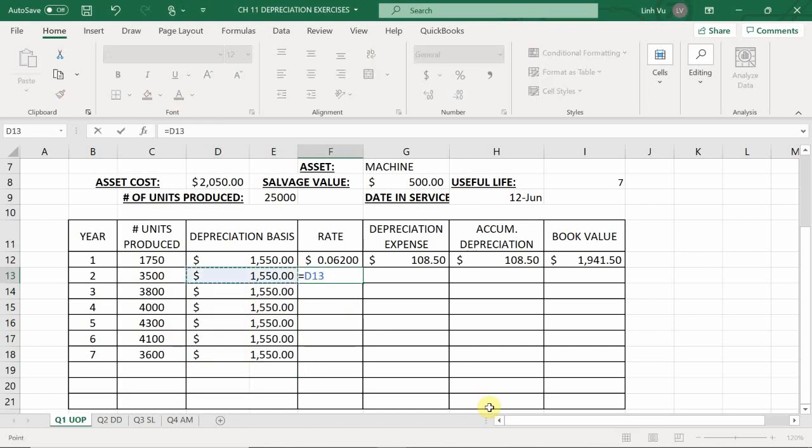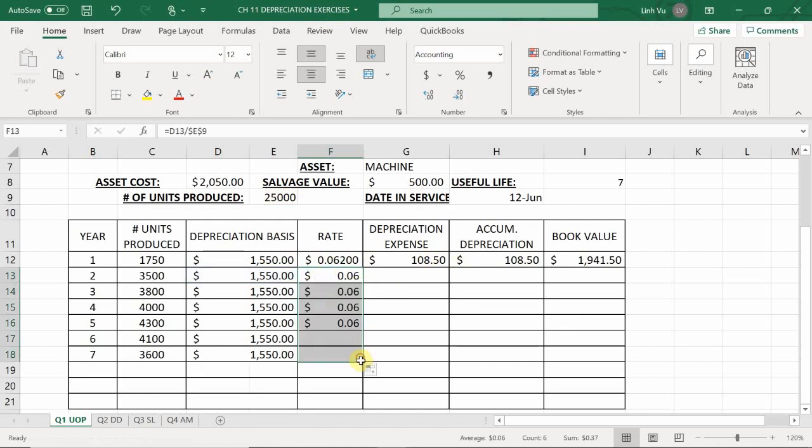The rate's going to be the depreciation basis divided by the total number of units that it can produce, which gives you the same exact number. I know it's going to stay the same throughout all 7 years: 6.2 cents.